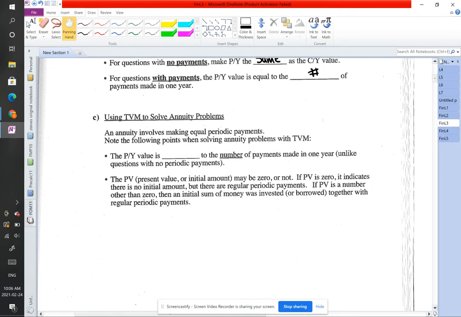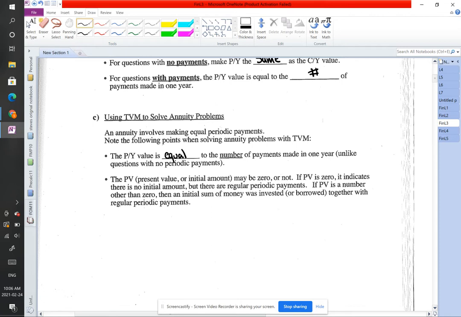When we were using the TVM calculator to solve annuity problems, the PY value is equal to the number of payments made in 1 year. The present value may be 0 or not. It just depends on if there's an initial amount. It just depends on circumstances, essentially.